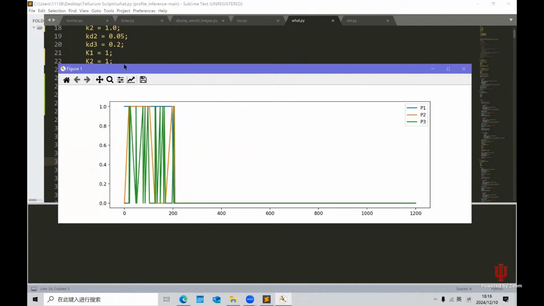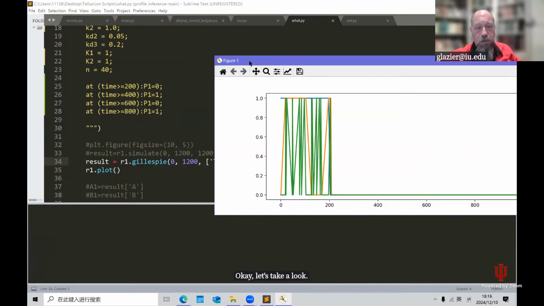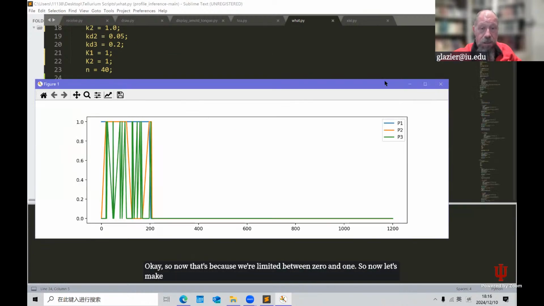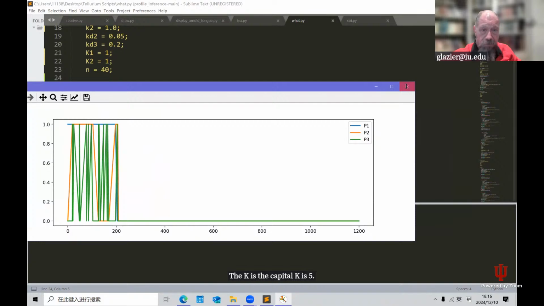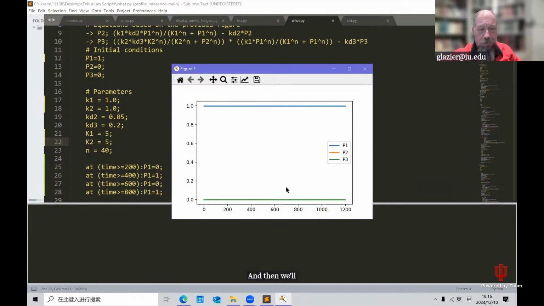Too much noise. Okay, let's take a look. So now that's because we're limited between 0 and 1. So now let's make the capital K's 5. And then we'll switch 20, and run that.